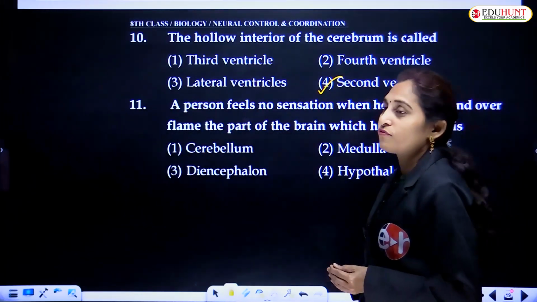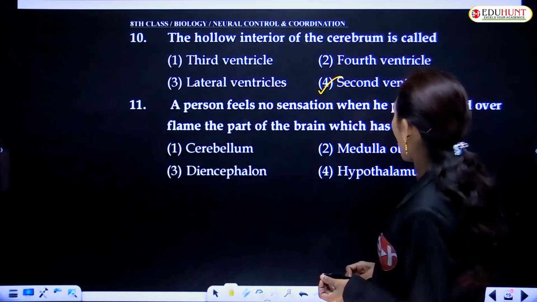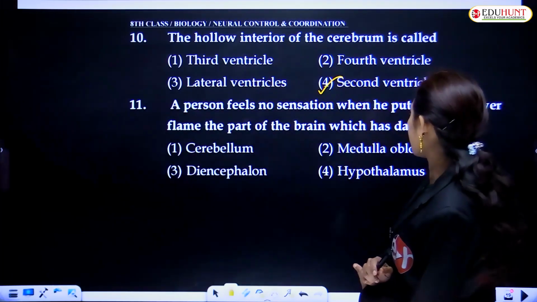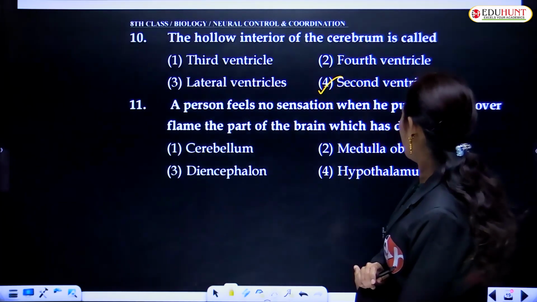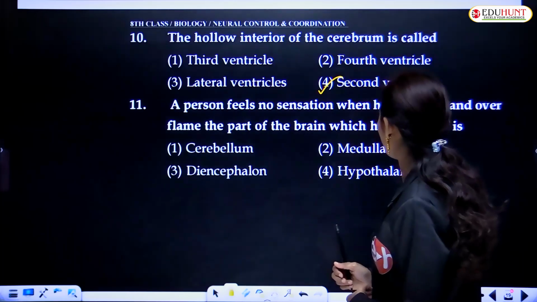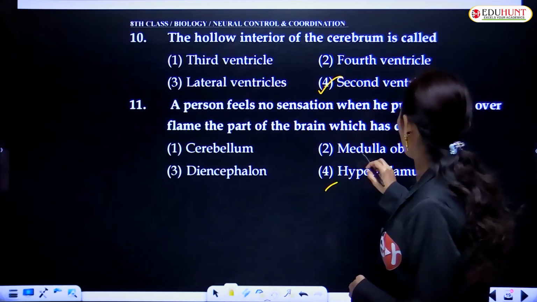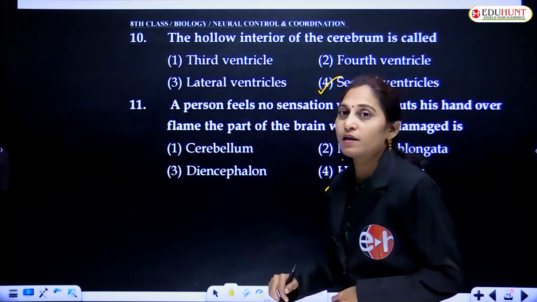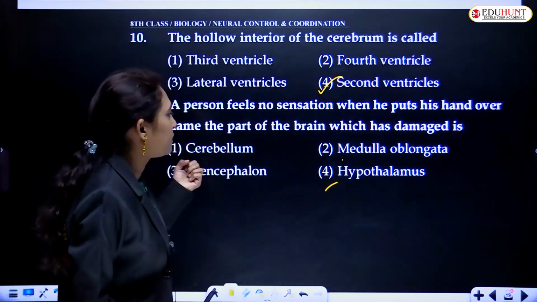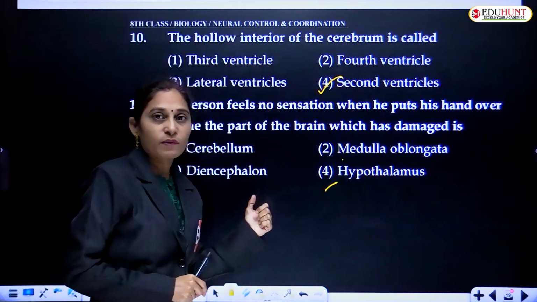A person feels no sensation when he puts his hand over flame; the damaged part of the brain is the hypothalamus. The others, cerebellum, diencephalon and medulla oblongata, are different parts of the brain.